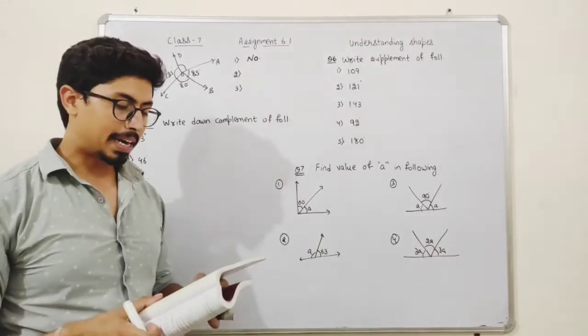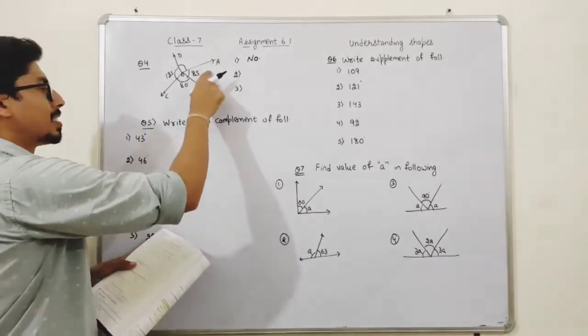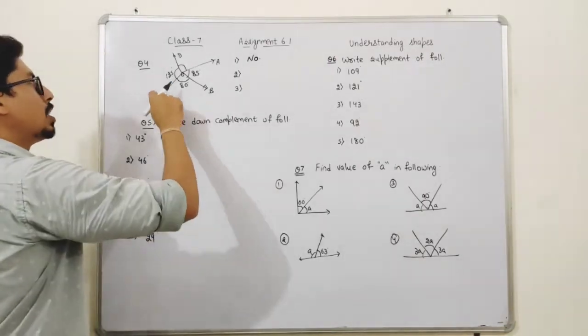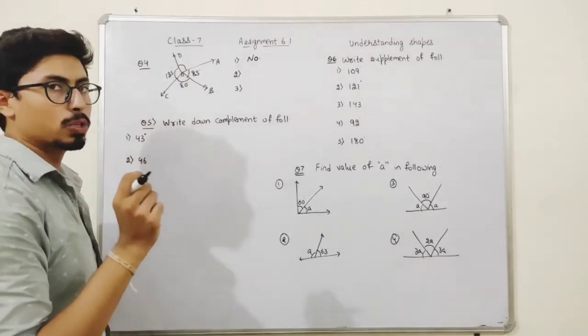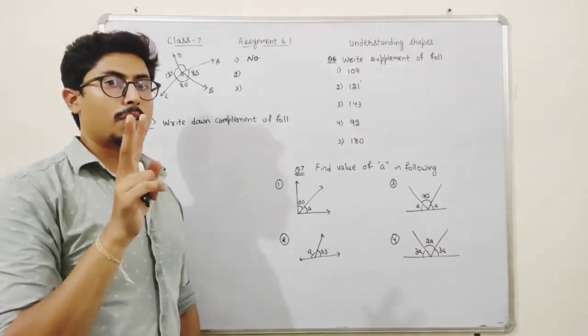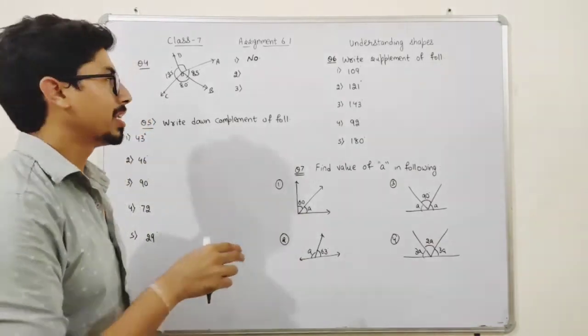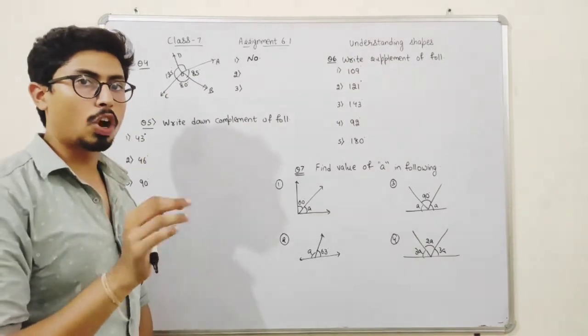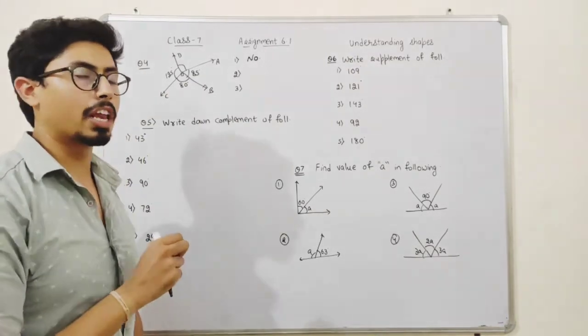Now students, the second part: are AOB, this same angle, and COD vertically opposite angles? See students, vertically opposite angles are those angles which are equal in measurement. See, this angle is 85 degrees and this angle is 125 degrees. The angles are not equal, so I can't say that these are vertically opposite angles.